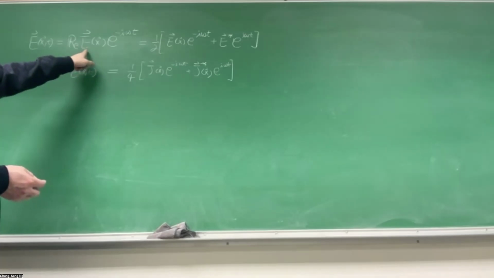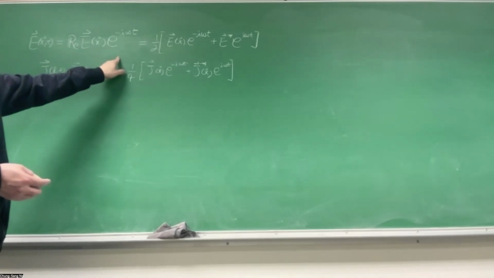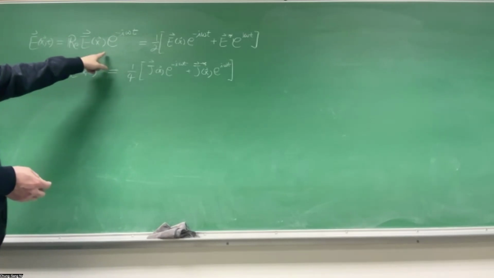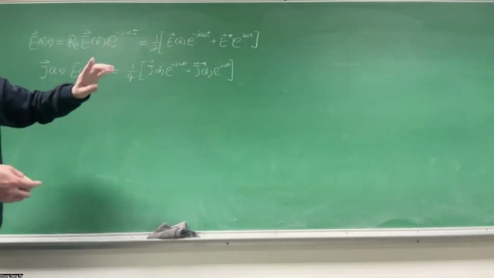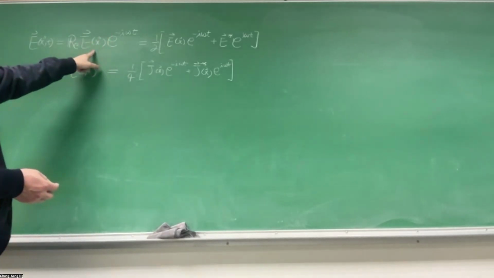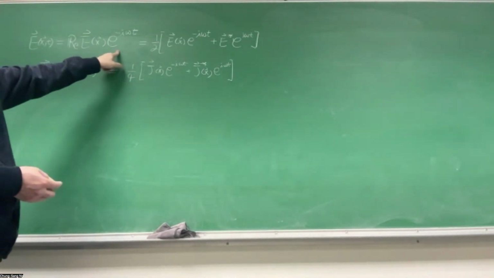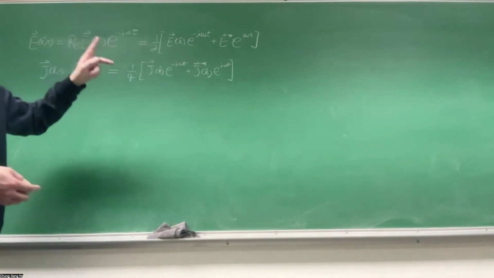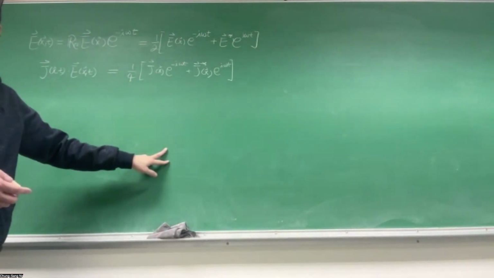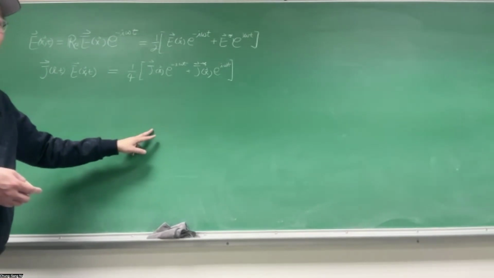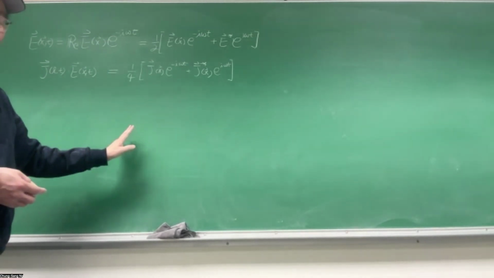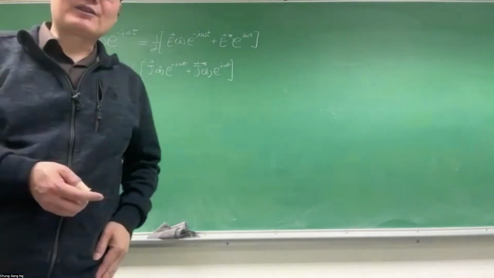But in the notation of complex functions, you can ignore all this trouble. Just write one complex vector times this exponential function, and you take care of both the sine and cosine aspects. Okay, so that's why I'm saying that using exponential expressions is much easier.